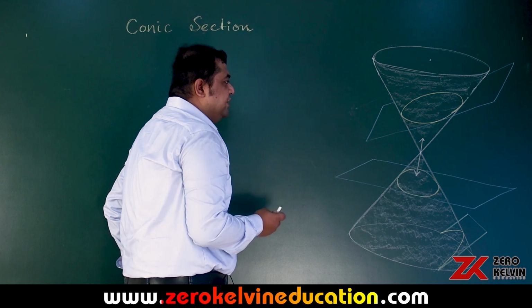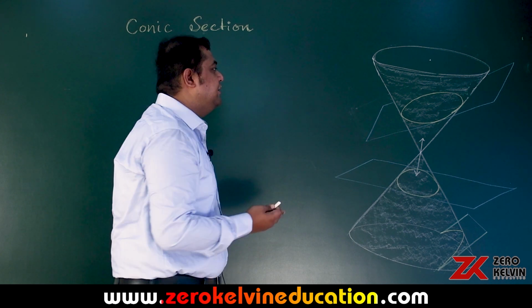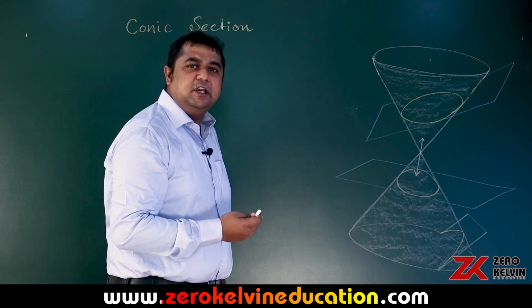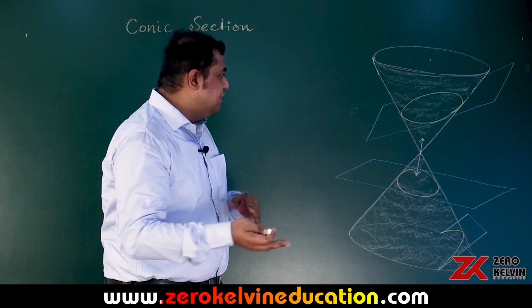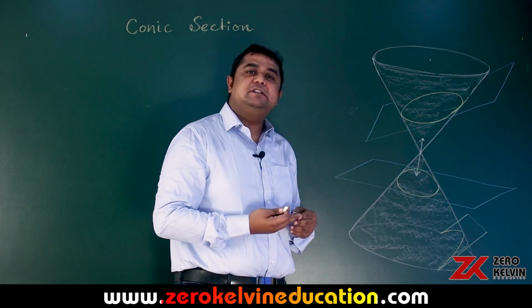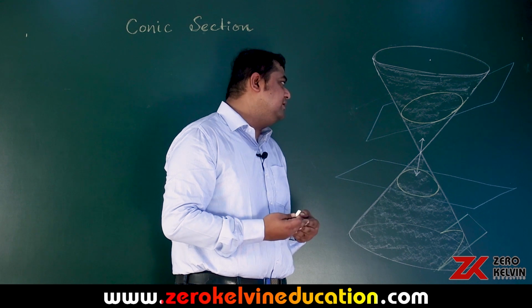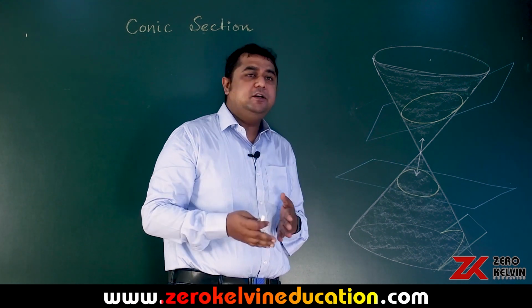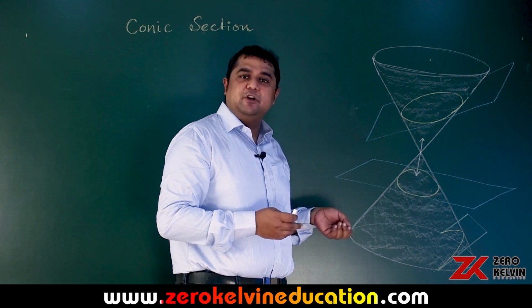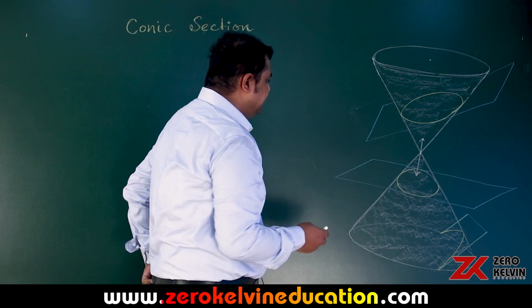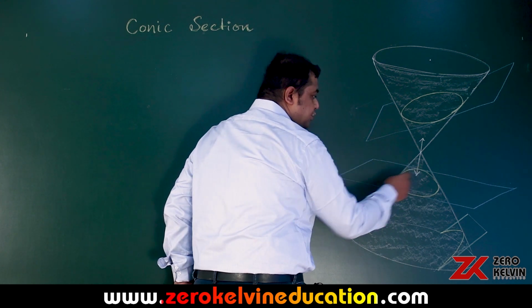Now, in this three-dimensional figure, if I try to take cross sections of the cones in different forms, then the surfaces that will open up to us are going to be called conic sections through their boundary curve. Like we can have sections in this form parallel to the base.